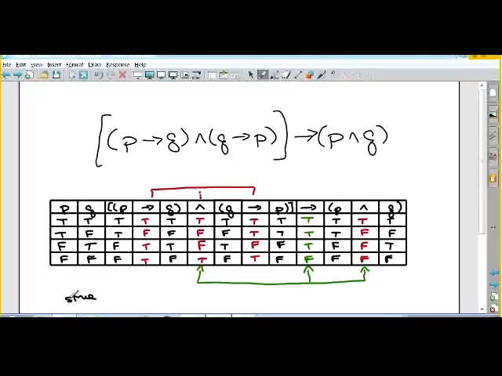So since we didn't get all trues, the argument is invalid. Okay.